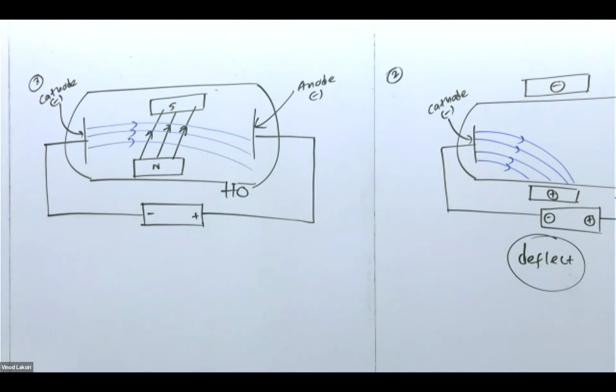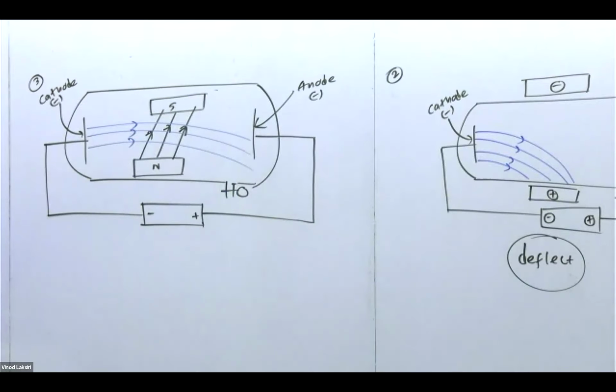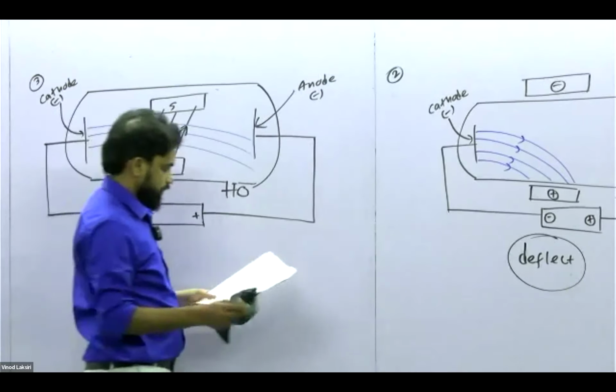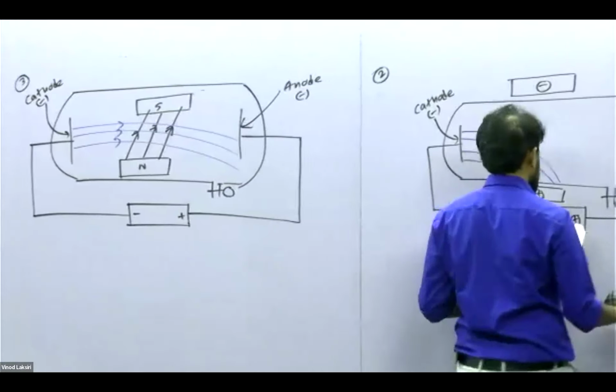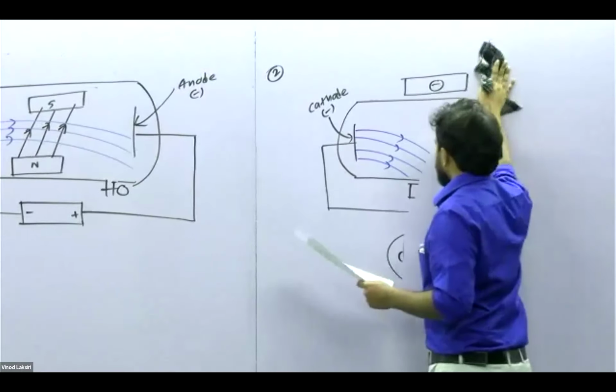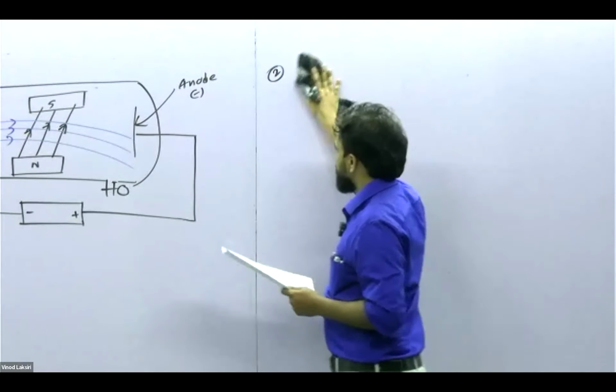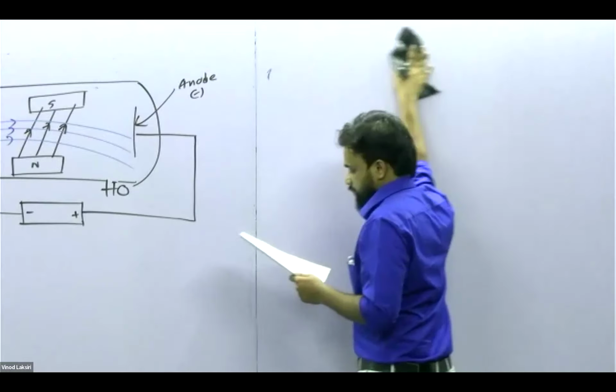Right, then write down: cathode radiation did not attract towards the N or S magnet.